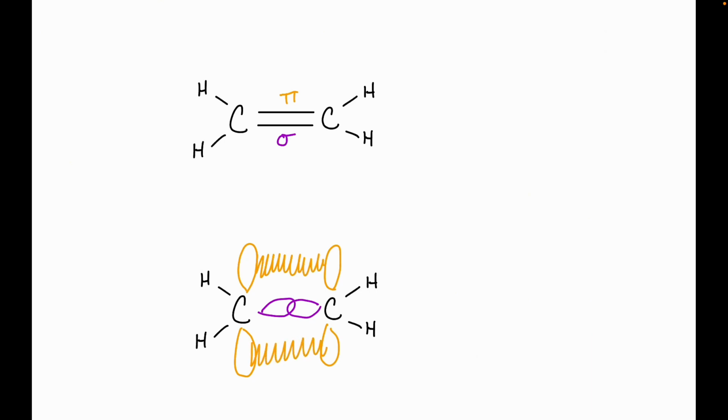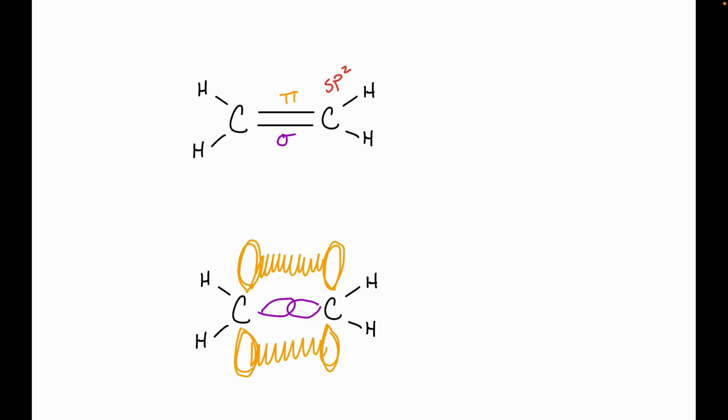And that cloud of electrons is much more easily accessible, which is what makes these alkenes more reactive. Okay? Remember, these carbons in my alkene are sp2 hybridized. That's because they got this leftover p orbital here that can participate in this pi bonding.